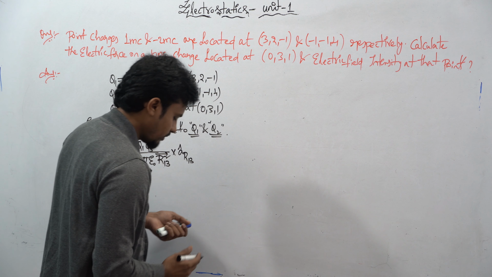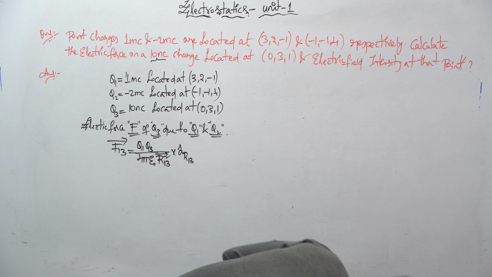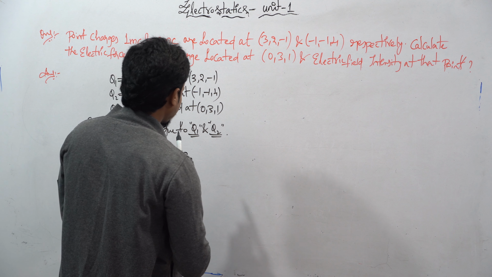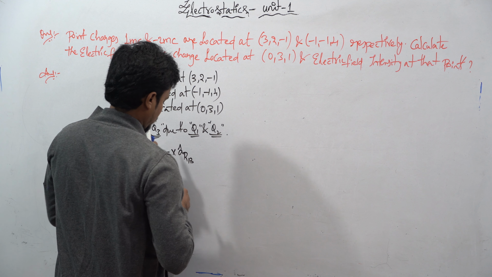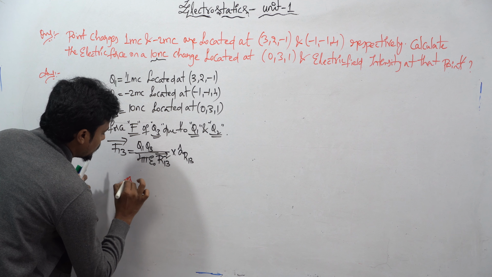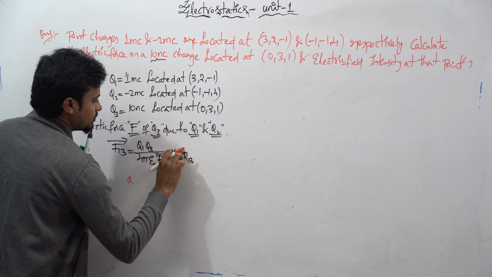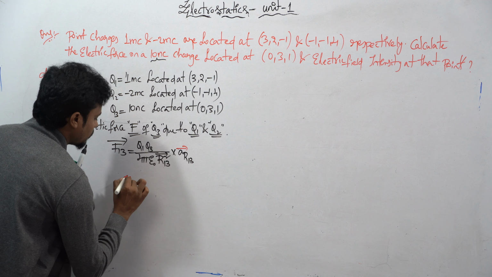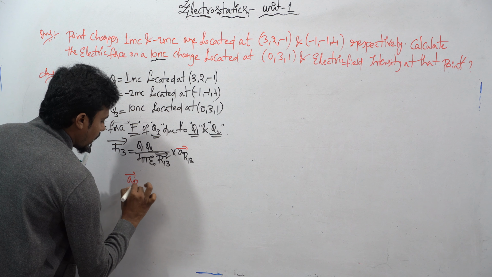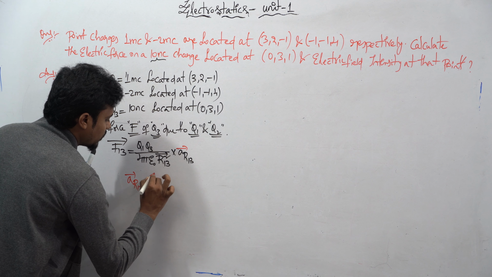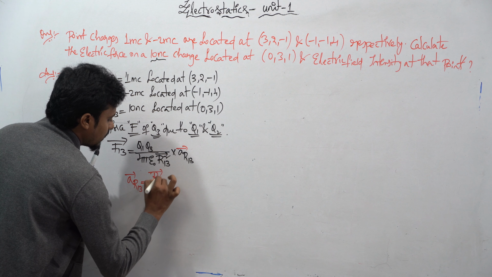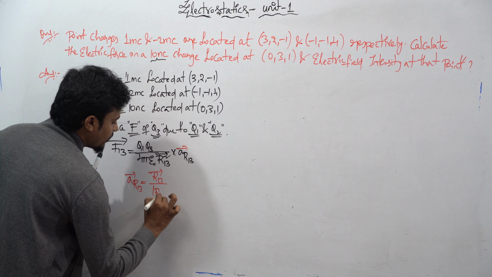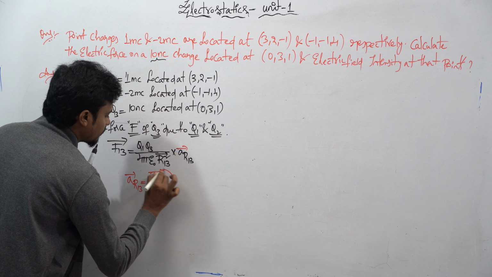The unit vector a bar R13 is equal to R13 bar divided by the modulus of R13.